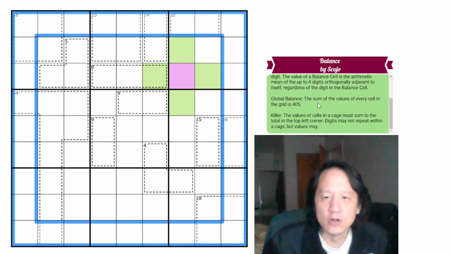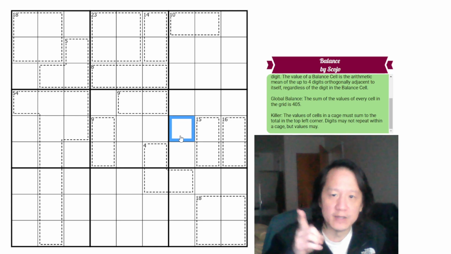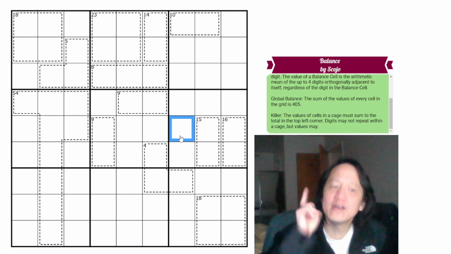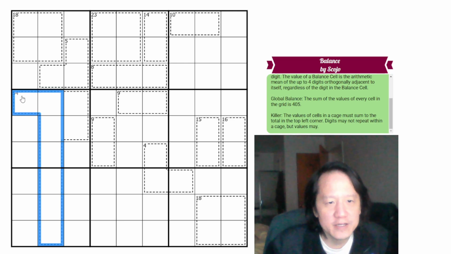Okay, killer. The values of cells in a cage must sum to the total in the top left corner. Digits may not repeat within a cage, but values may. So basically, interesting. Let's take this one.